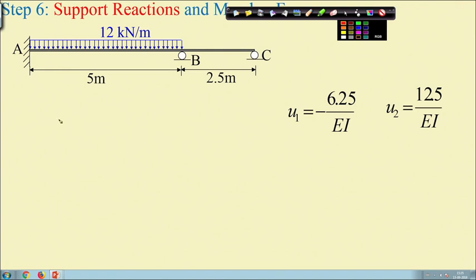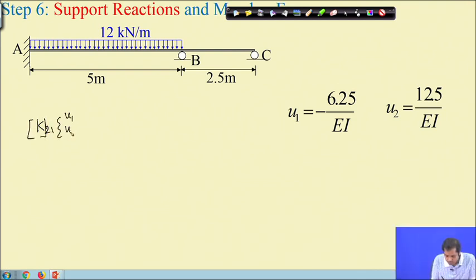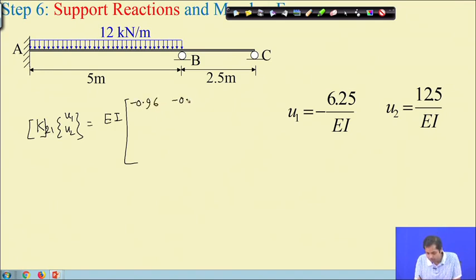Then K21 into U1, U2. K21 is EI times, if you check, minus 0.96, then minus 0.96, then 0.96, and this is 0.72. We have 0 here, then 0.24, 0.24, and then 0 and 0.4.